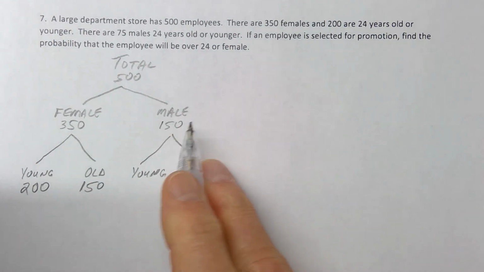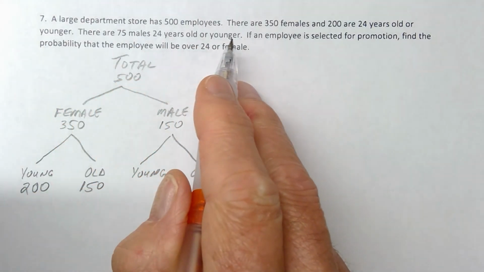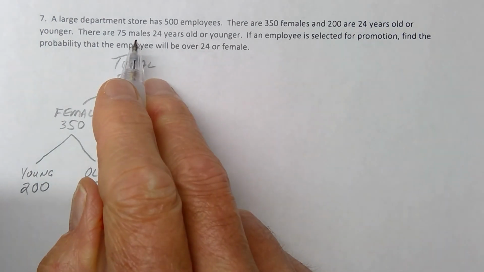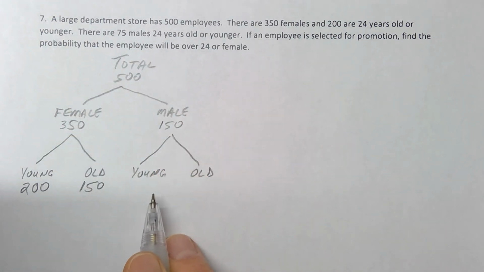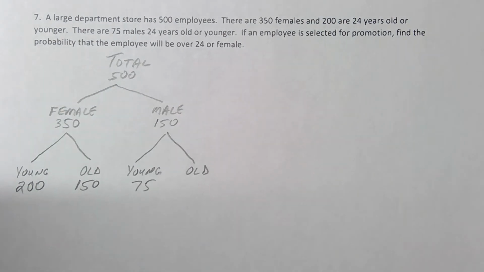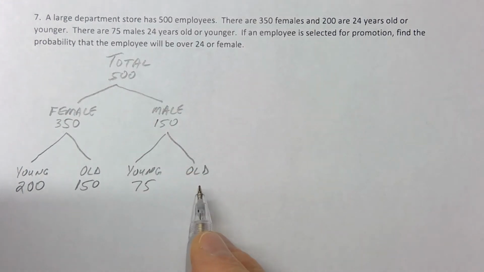Now we need some information about the men. It says there are 75 males, 24 and younger. So these are young males. There's 75 of them. All right, if there's 150 males and 75 are young, that means just subtract. That means 75 are old.